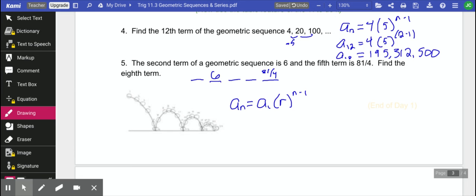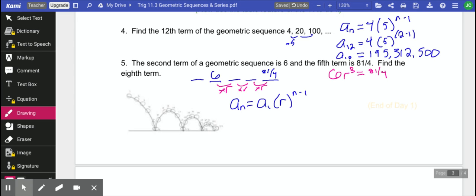What we've done is we've taken 6 and we've multiplied by our common ratio, and we've multiplied by the common ratio, and we've multiplied by the common ratio. So we took 6 and we multiplied by r times r times r, which is r cubed. And that got us 81/4.